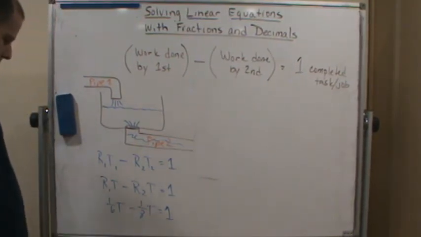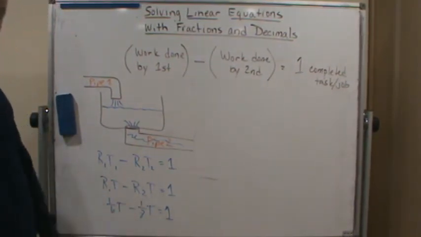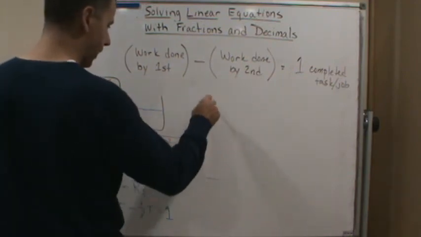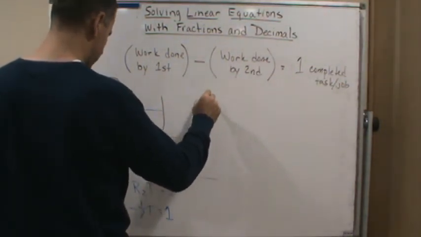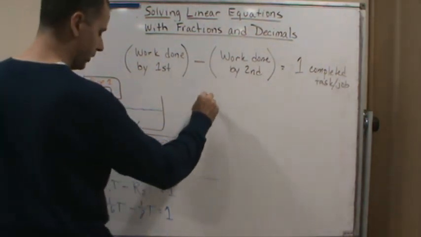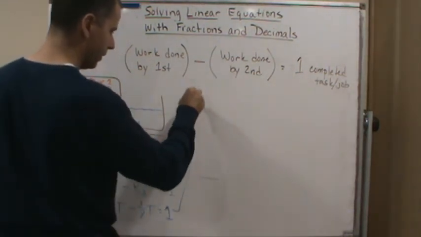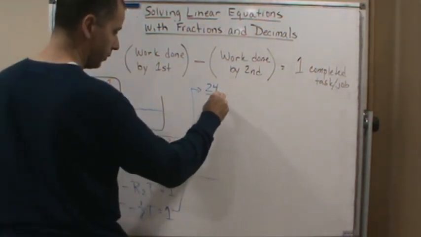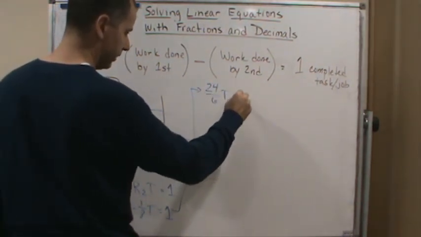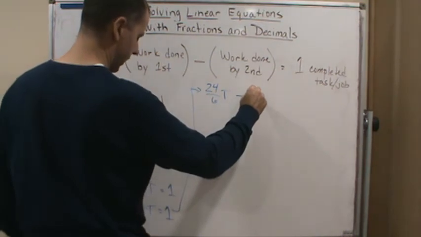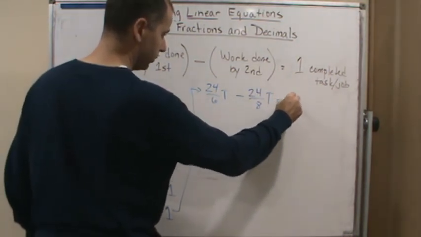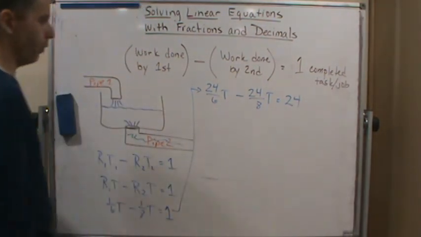Now let's multiply through by 24, the least common multiple of the denominators. This gives us 24 over 6t minus 24 over 8t equals 24.